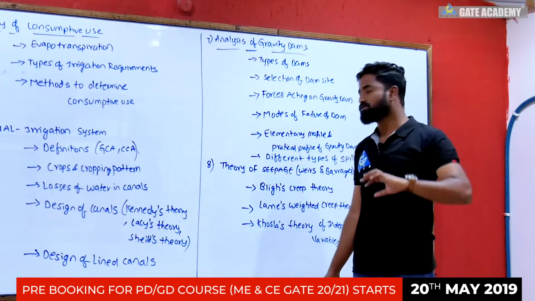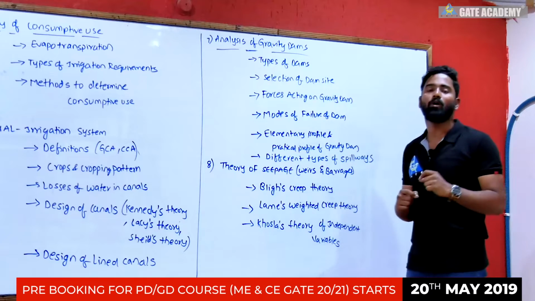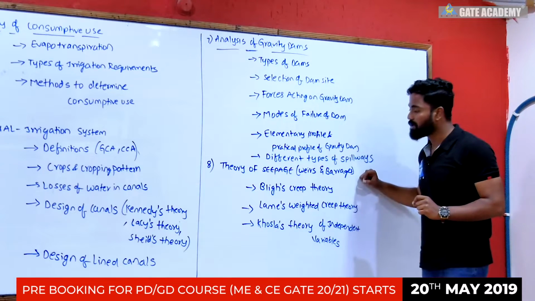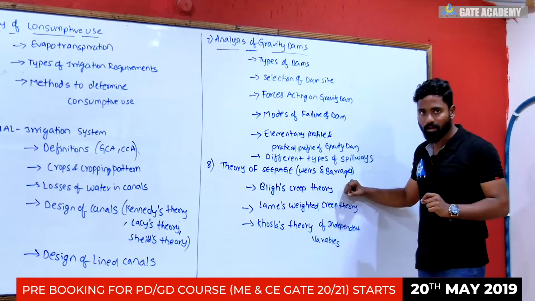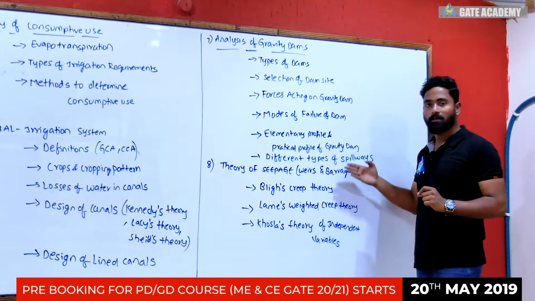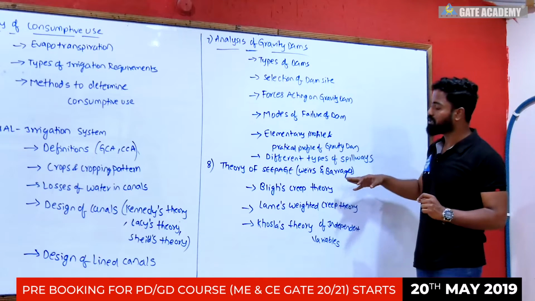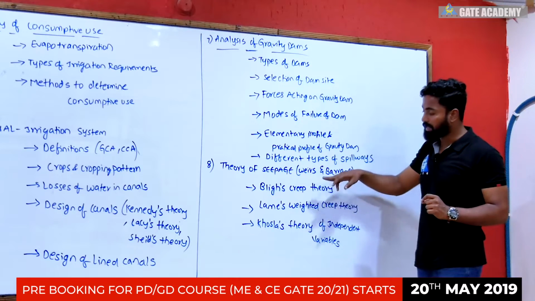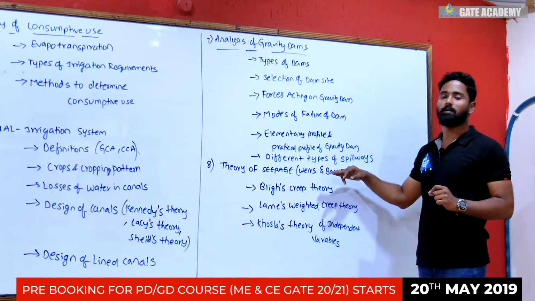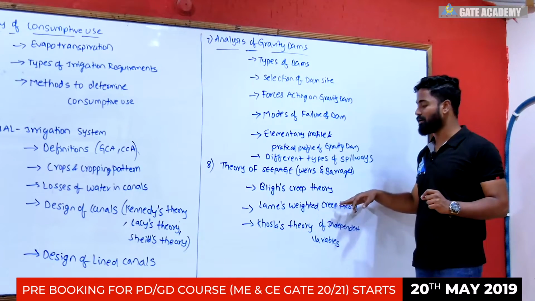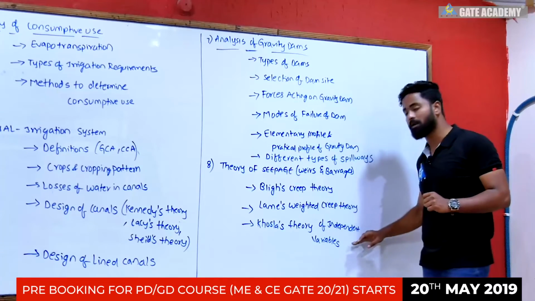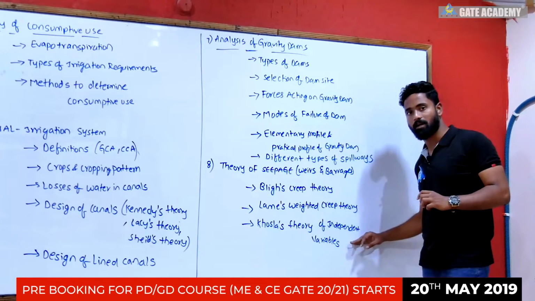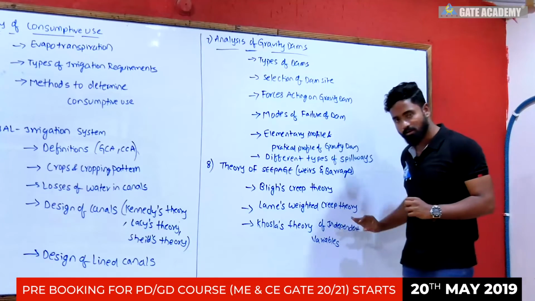We have to overcome all these things. This is overcome in Blake's creep theory, and the limitations of Blake's creep theory are overcome in Lane's weighted creep theory, and the combined limitations of Blake's and Lane's theories are overcome in Khosla's theory of independent variables.